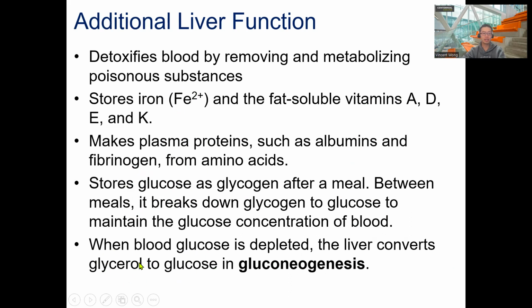Glycerol is the component of fats, right? You remember from last semester? A fat molecule is glycerol plus fatty acids. So the liver has the ability to turn fat into glucose in a process called gluconeogenesis. Okay. The new creation of glucose. Neo is new, genesis, creation, right? Creation of new glucose. So that's some of the extra functions of the liver.